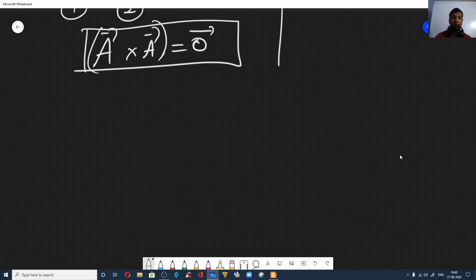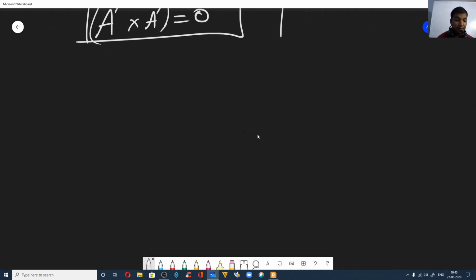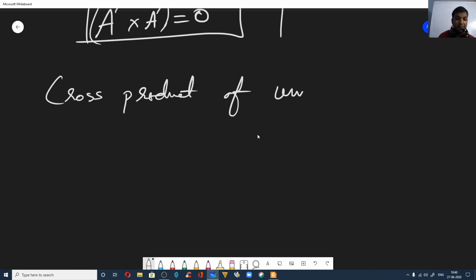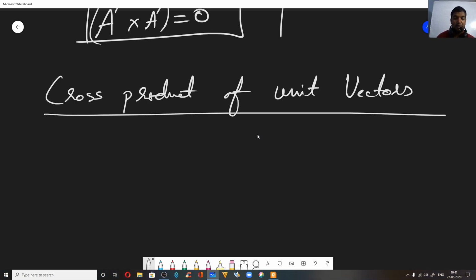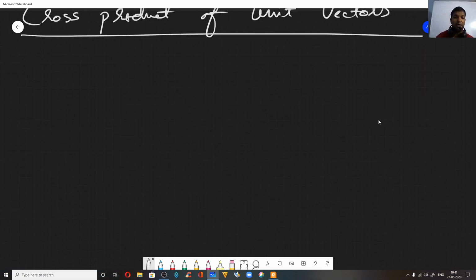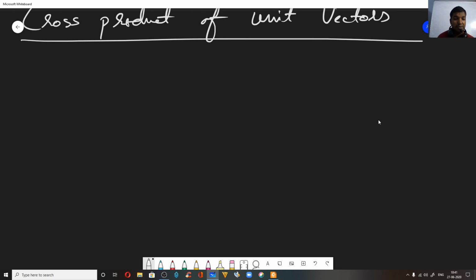Now going by this, let us try to understand the cross product of unit vectors. We know we have 3 coordinate axes, x, y, z.